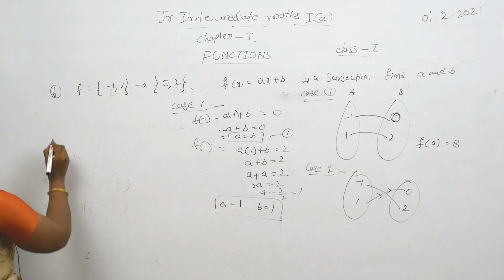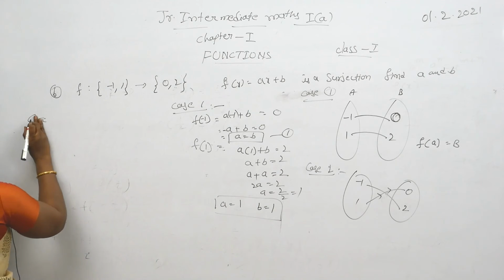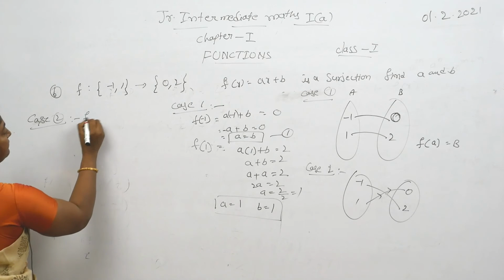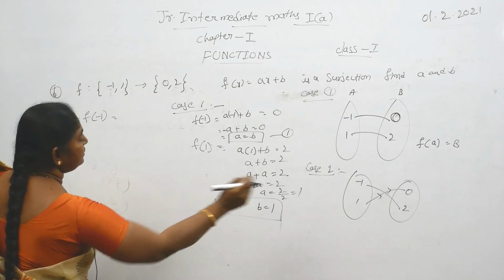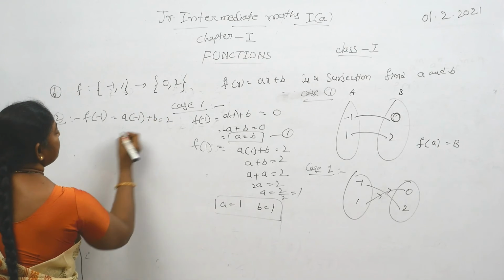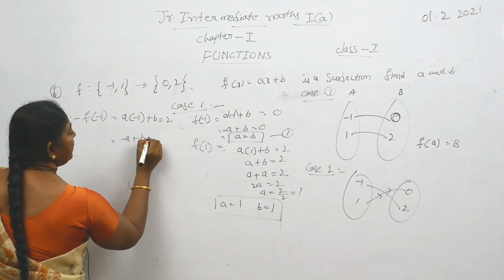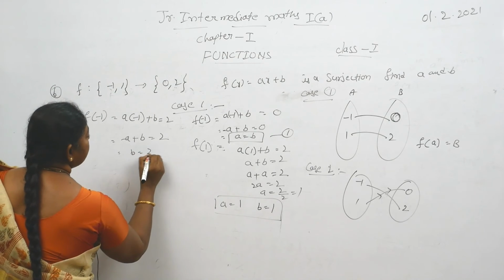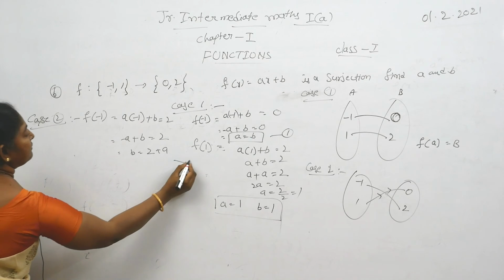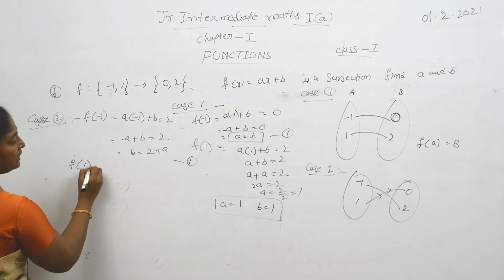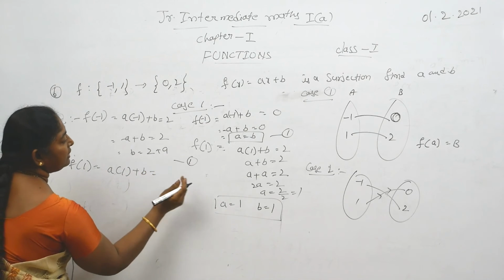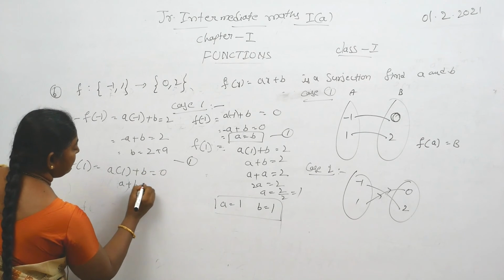Next, the second condition, case 2. If f(-1) = 2, so a into -1 plus b = 2. So here -a + b = 2, so b = 2 + a. Next, the first condition: f(1) = a into 1 + b = 0, so a + b = 0.